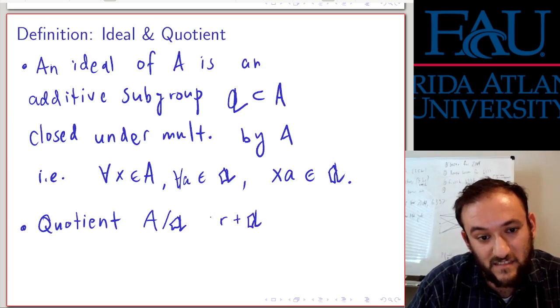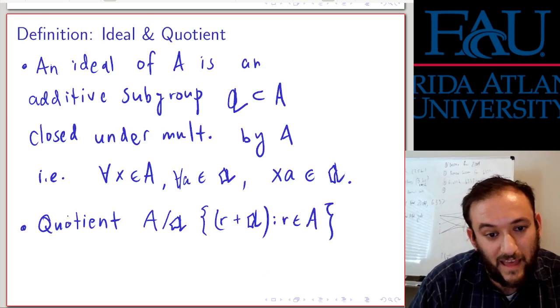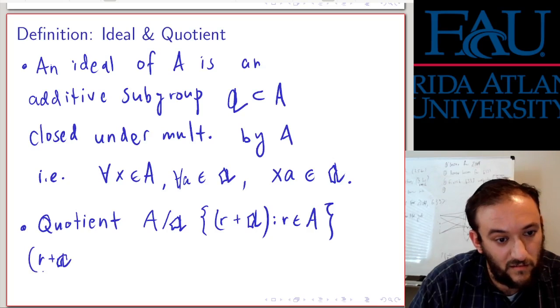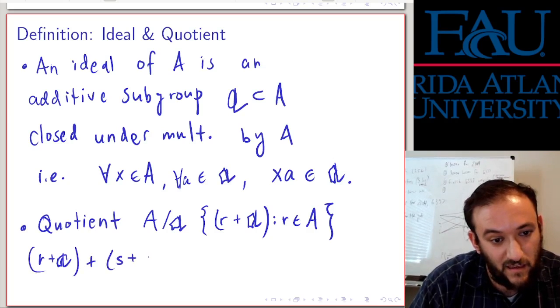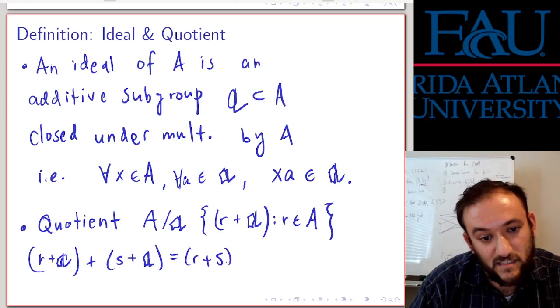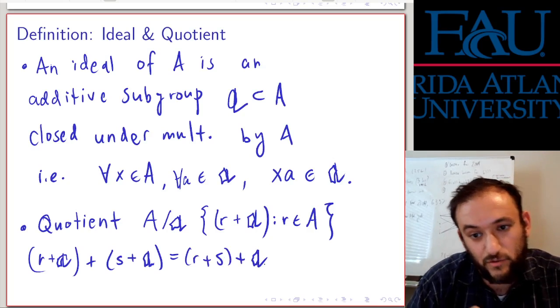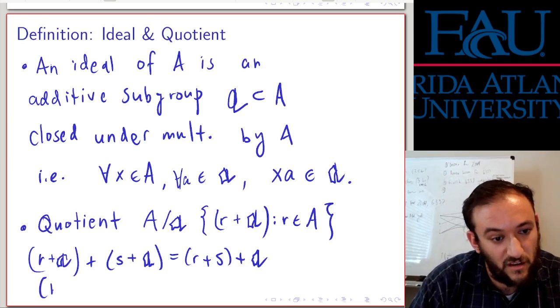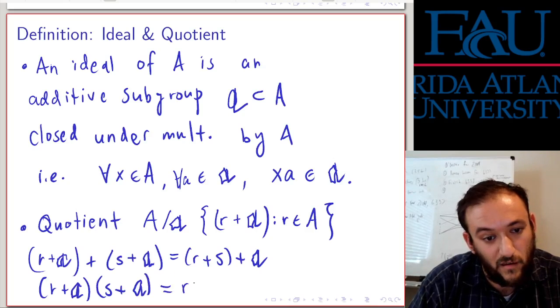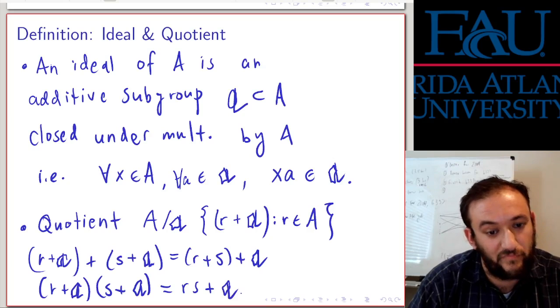This is a set of equivalence classes mod 𝔞, where r is any element of A. Addition is just given by r plus 𝔞 plus s plus 𝔞 is just r plus s plus 𝔞. So that's how you do addition in the quotient. In terms of multiplication, r plus 𝔞 times s plus 𝔞 will be given by rs plus 𝔞. Okay.